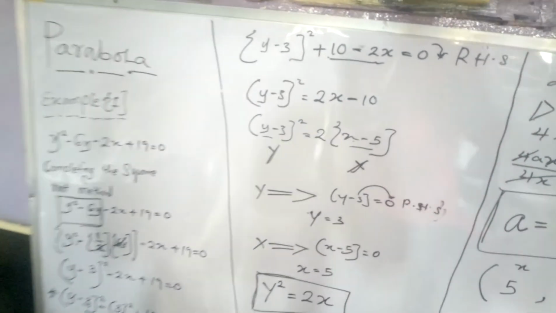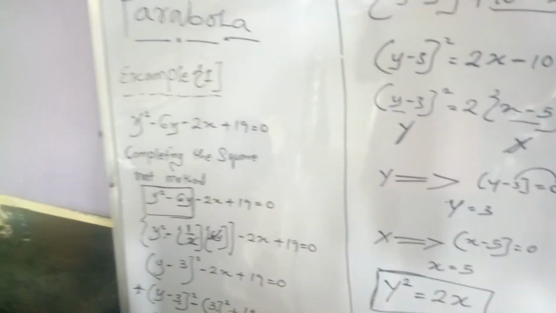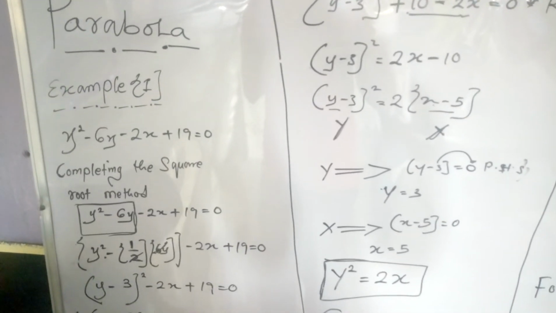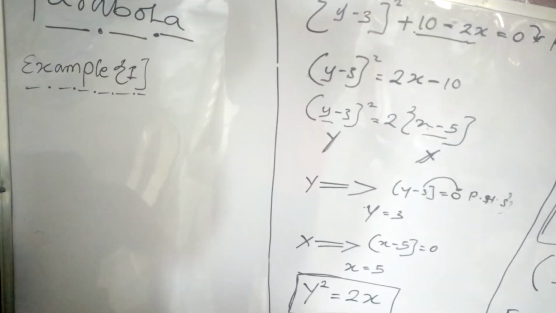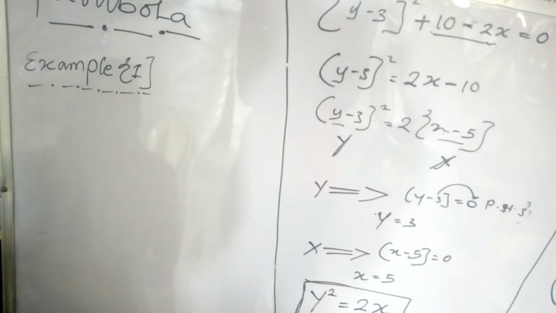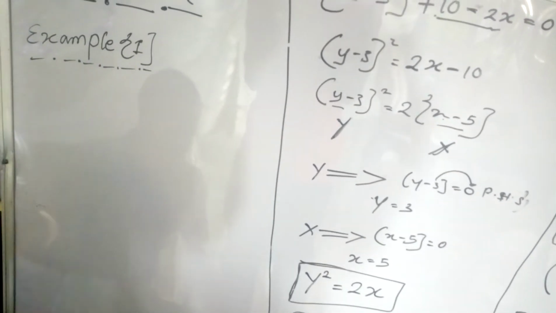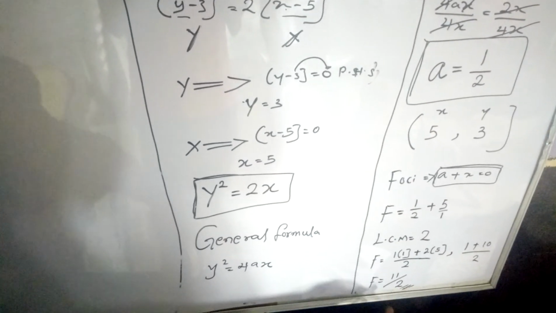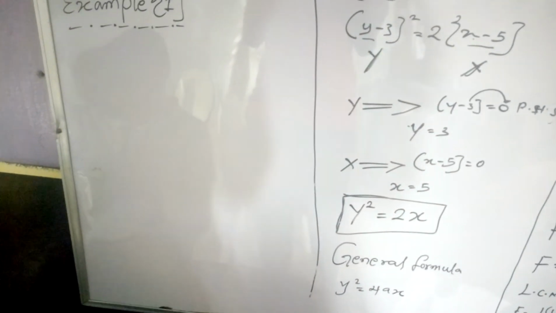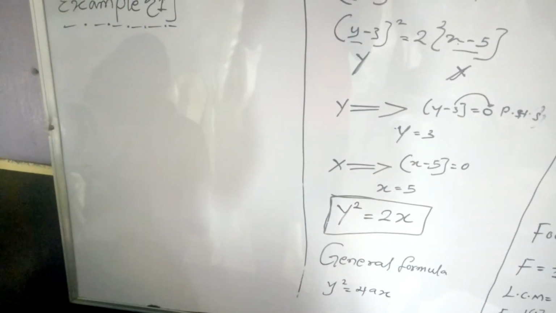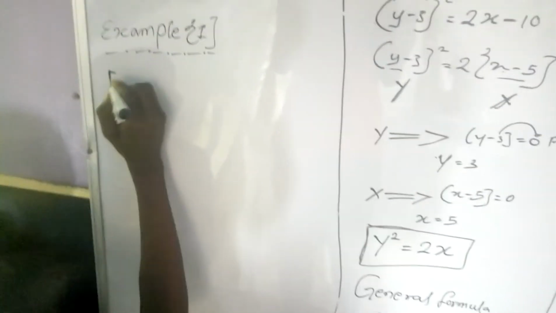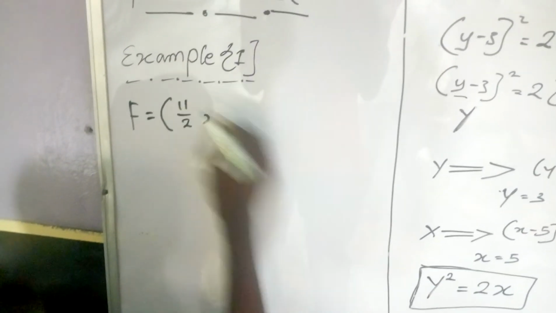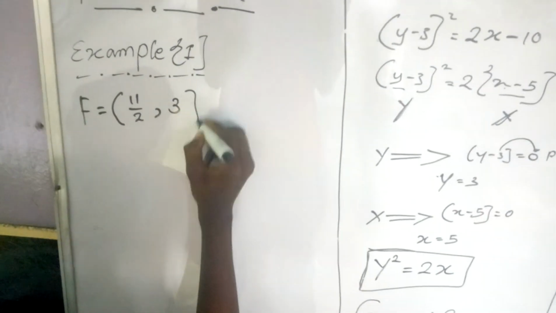So if we are solving for directrix, we are going to have, this is our f. Our f is 11 over 2. What is our y? Our y is 3.